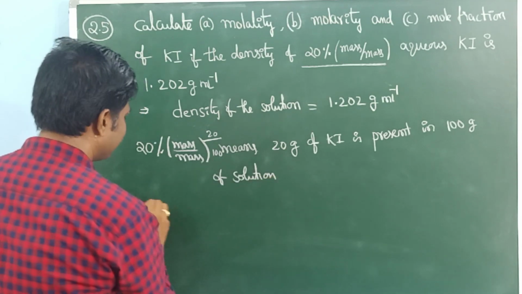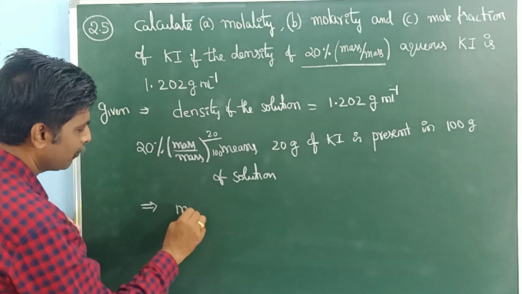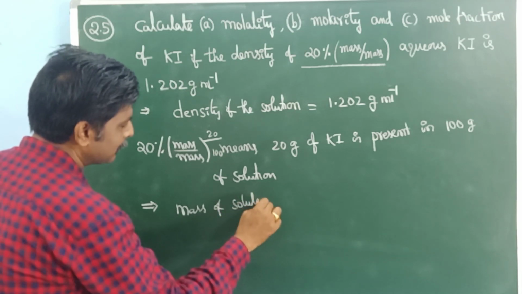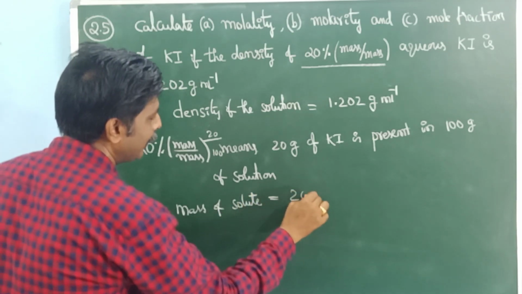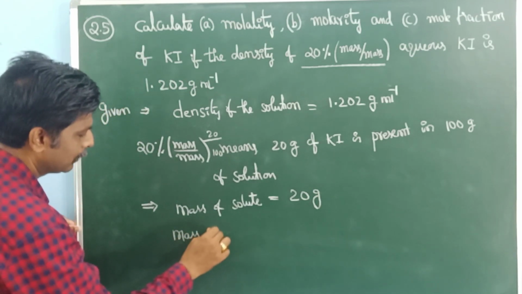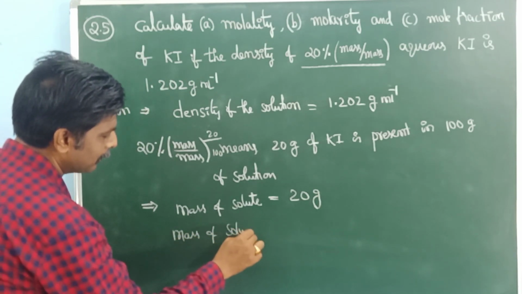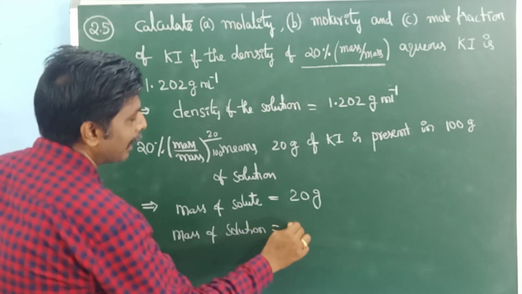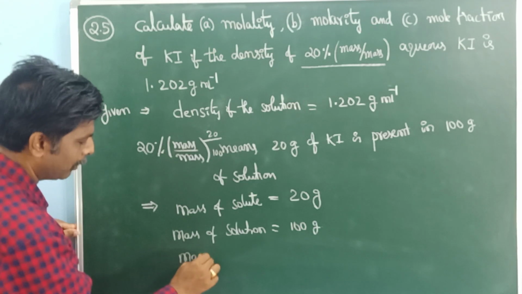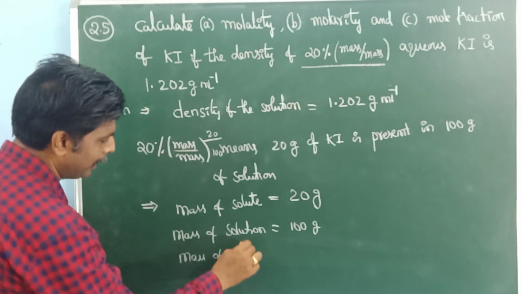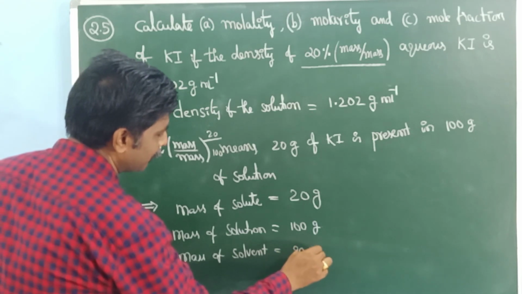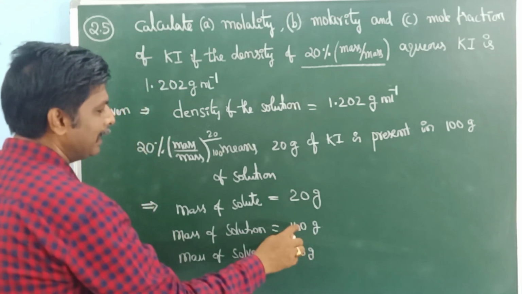That means mass of solute is equal to 20 grams, mass of solution is equal to 100 grams, and mass of solvent is equal to 80 grams, because 20 plus 80 is 100 grams.